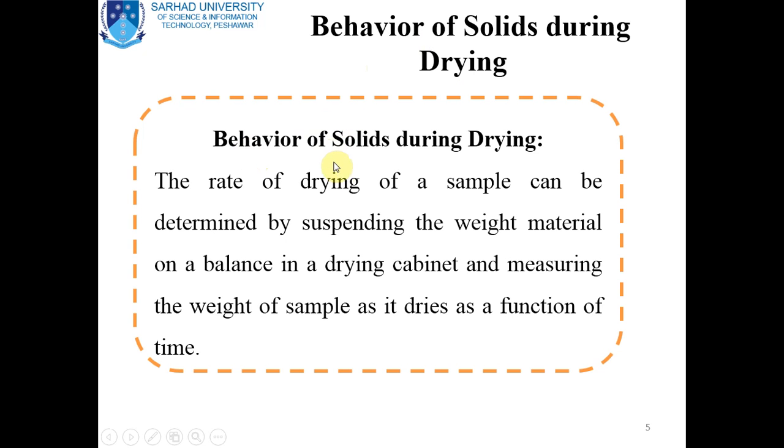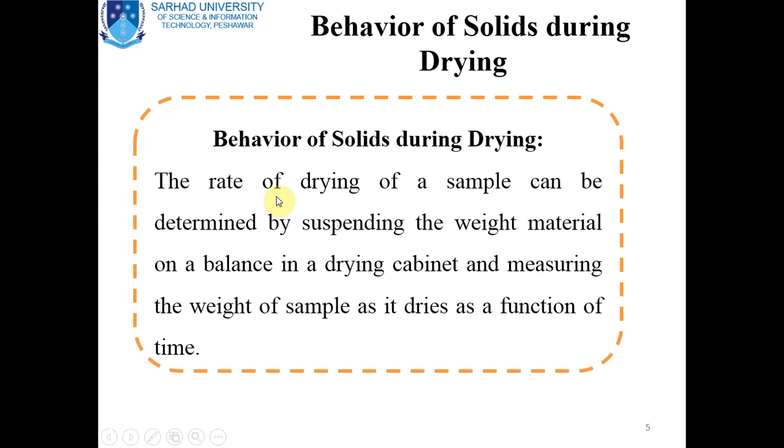As you know, different solid materials have some content of solvents, which may be water or any other organic solvent, and the primary purpose of drying is to remove some quantity of the solvent, which may be water or any other organic solvent, volatile or non-volatile in nature, and the goal is to remove the solvent from that particular solid.